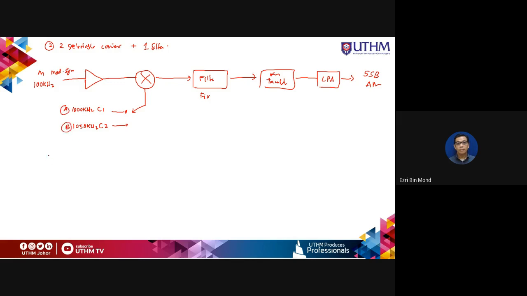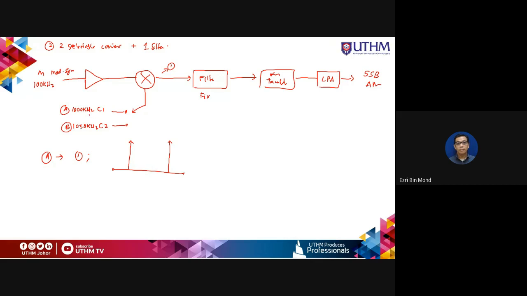Okay. Carrier A. So carrier A when multiplied by 100 kilohertz, here at point A, at point 1, we use 1000 kilohertz at point 1. So point 1 will produce an upper sideband and a lower sideband, right? So the upper sideband here, what is this?